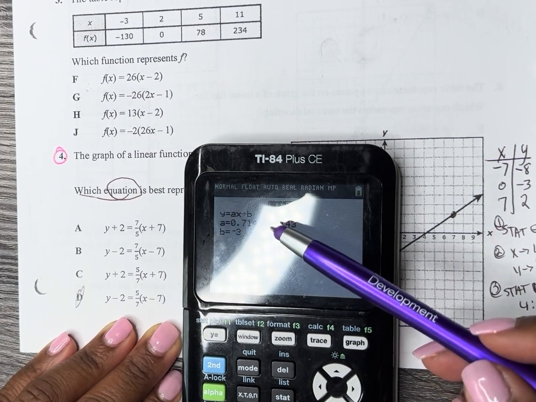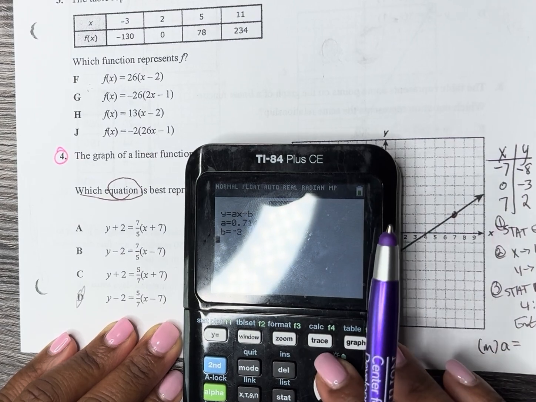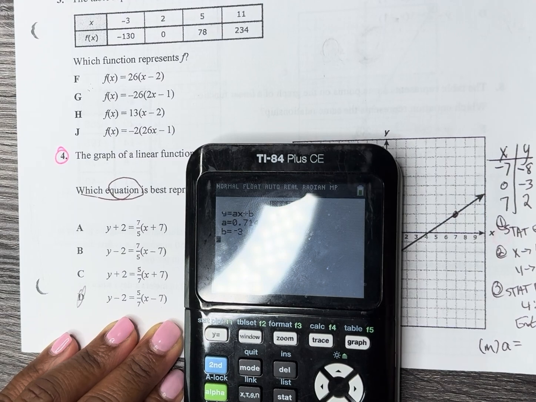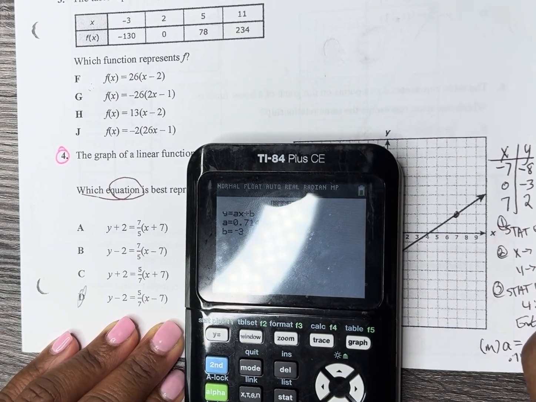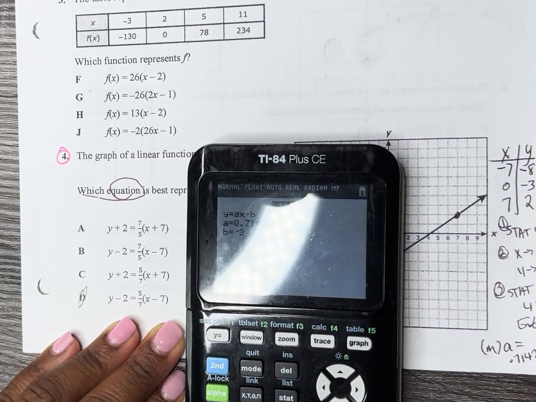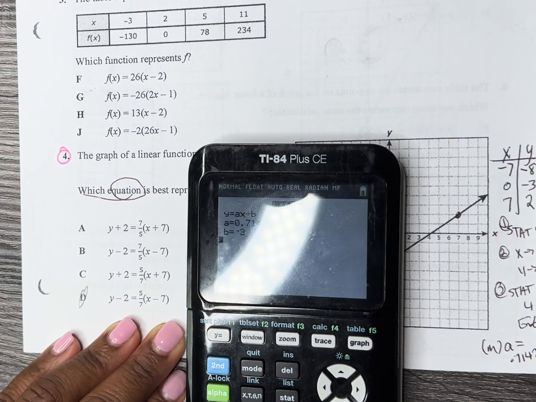Right, it gives you this whole 0.7142857, all of that. We're just gonna leave it here because it starts repeating here.